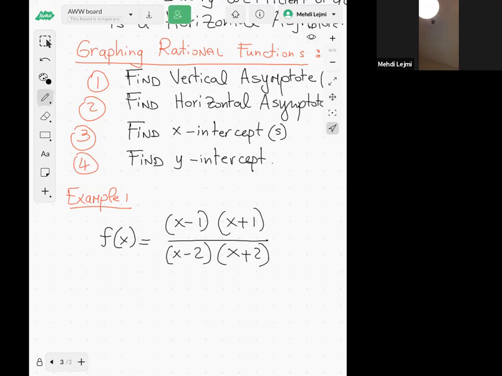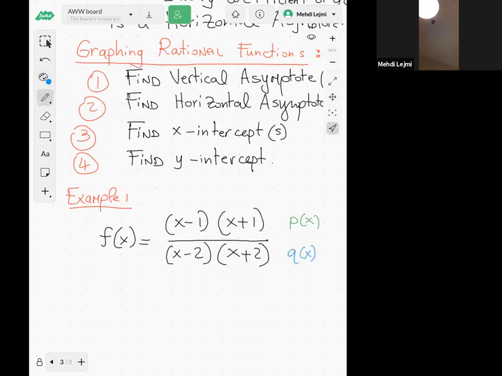Okay. So this is my function f. The top would be my p of x, and the denominator would be my q of x.